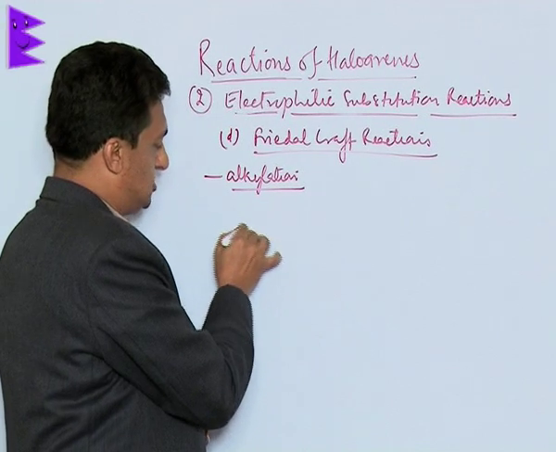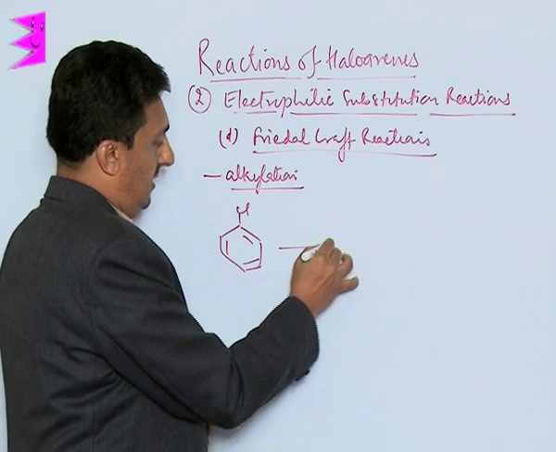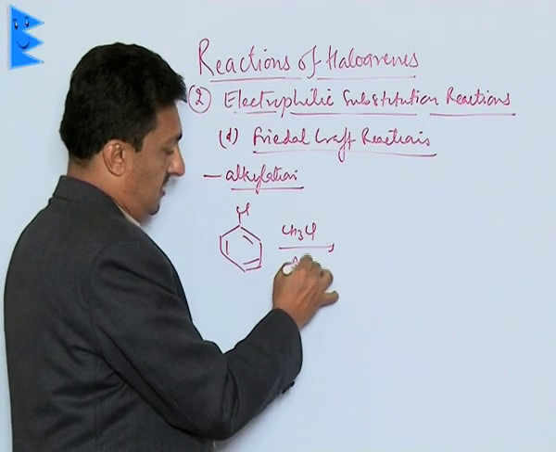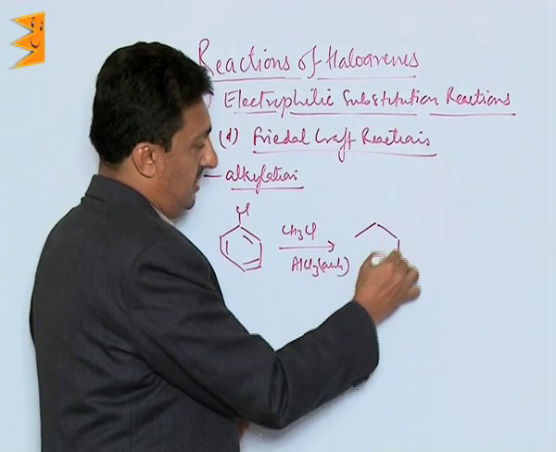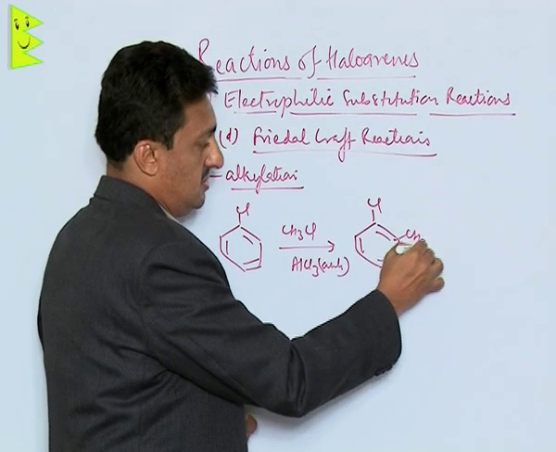In the alkylation, chlorobenzene is treated with methyl chloride in presence of anhydrous aluminium chloride, which gives us what?